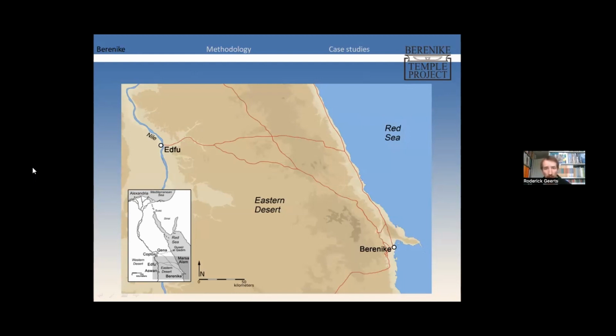So Berenike has been shown on maps already several times. It's located on the Red Sea coast. The site was in use from the 3rd century BC until around the 6th AD. In this presentation, I will mainly be focusing on the Roman period, not on the Ptolemaic material.